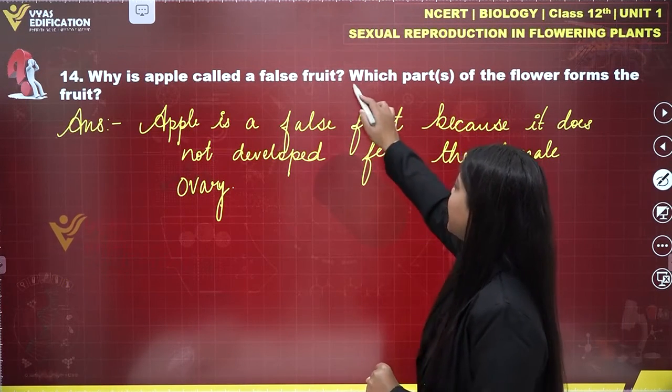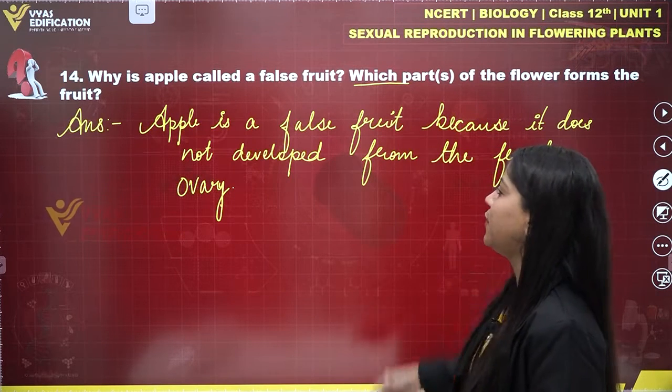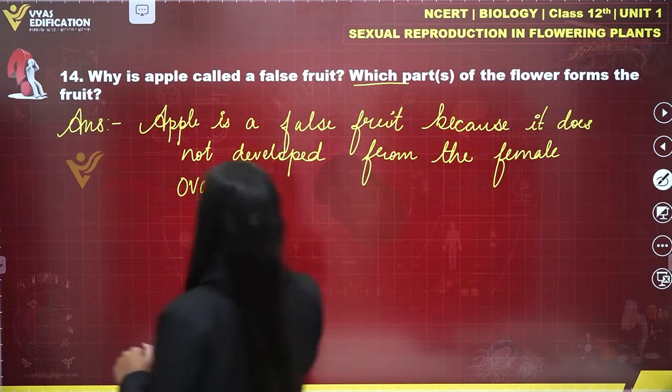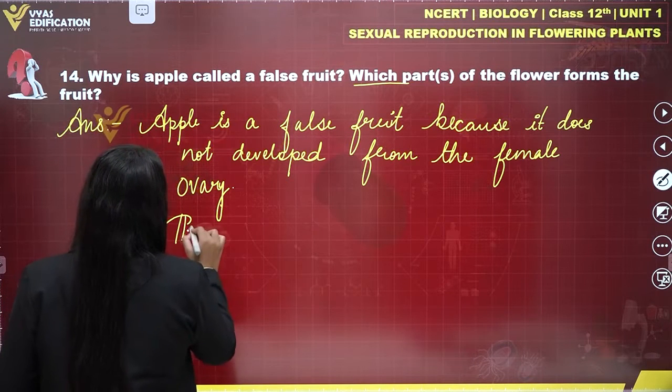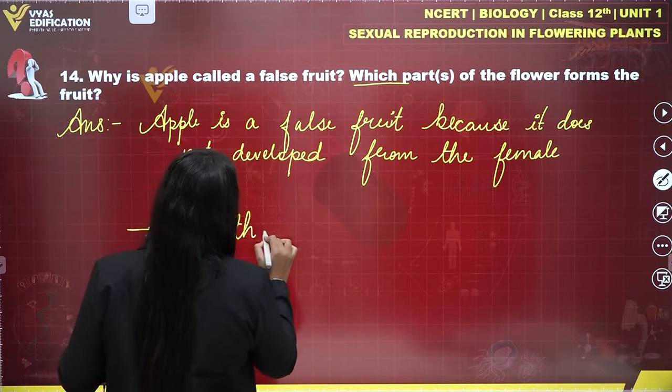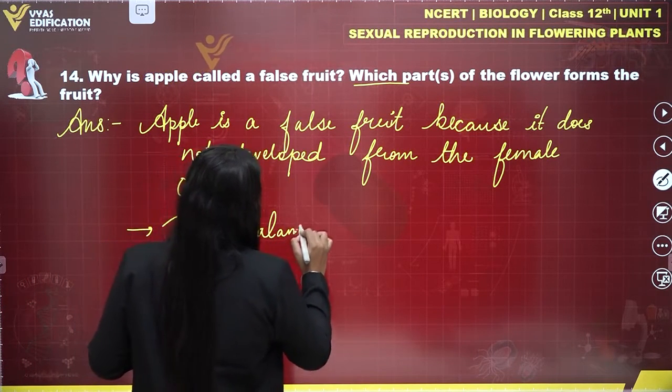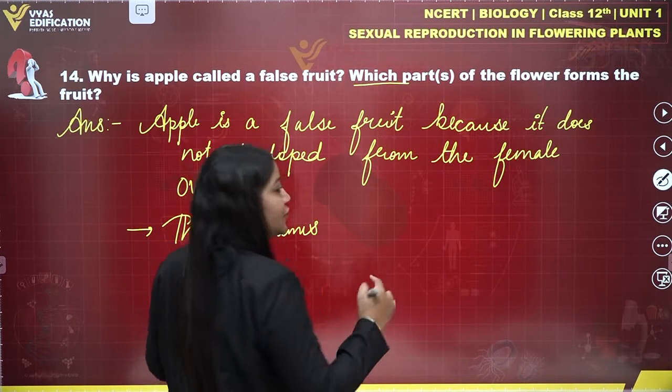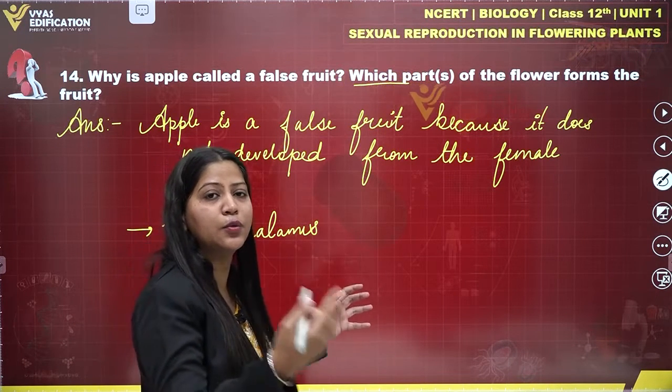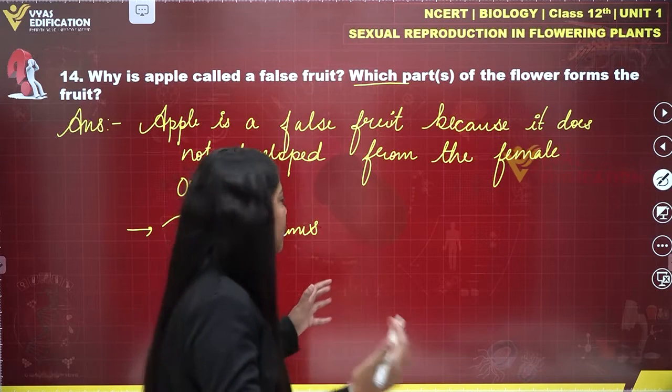Now moving on to the second part of this question: which part of the flower forms the fruit? The thalamus. Generally, the ovary gets converted into fruit after fertilization.